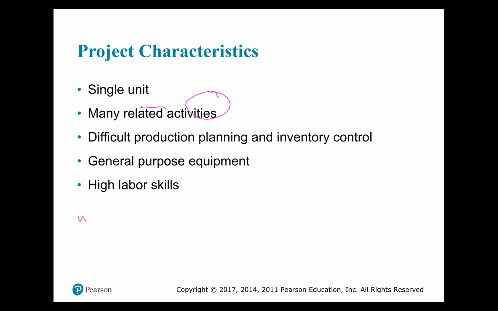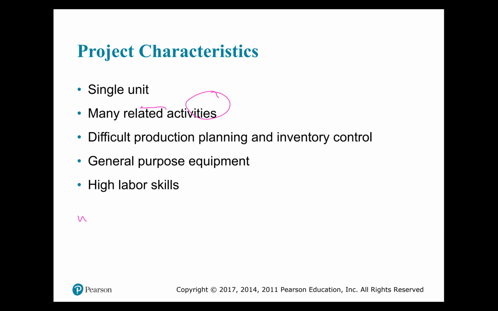The equipment that you use to work on the project usually are general purpose equipment, and usually the skill set in terms of your labor requirements are high labor skills. You have to pay particular attention to the inventory control because that can be difficult to do.